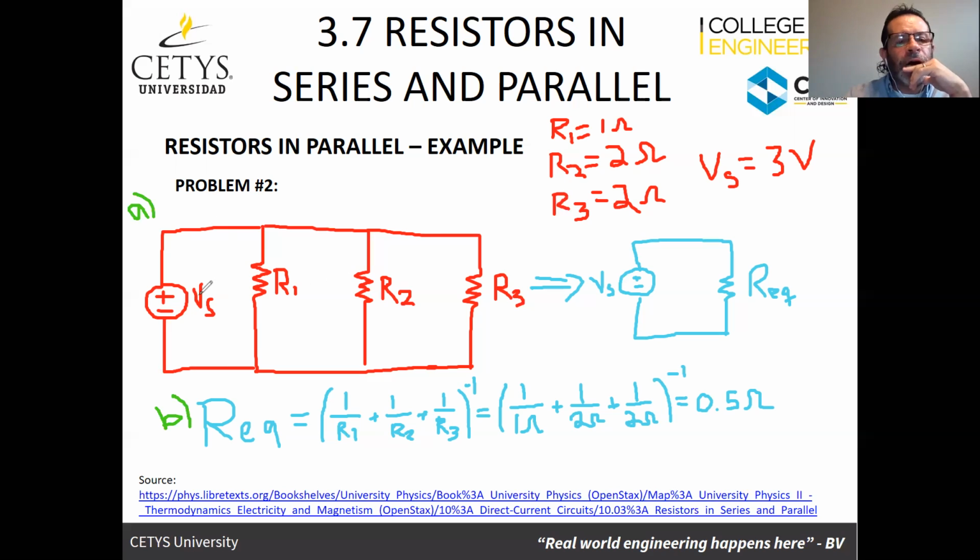Okay, so now our power supply is providing a current. This I'm going to call current I. And because it's a parallel array, that current is being divided proportionally into three parts, I1, I2, and I3.